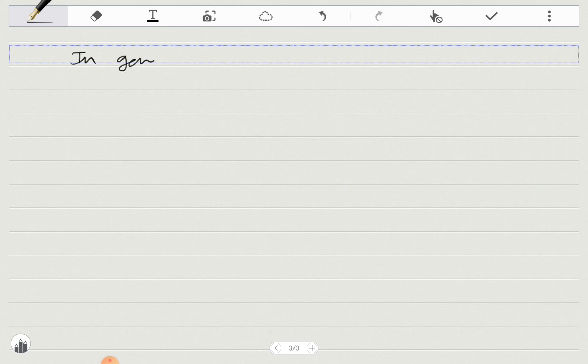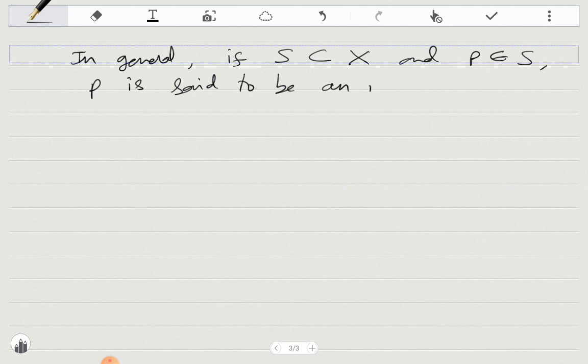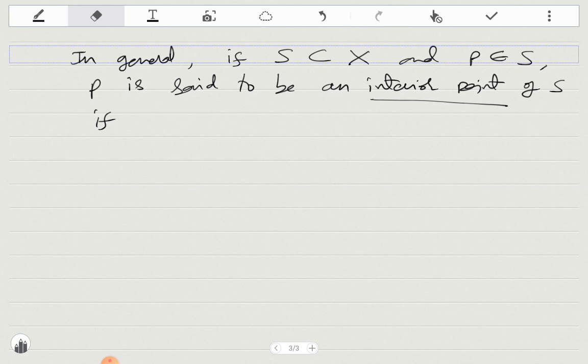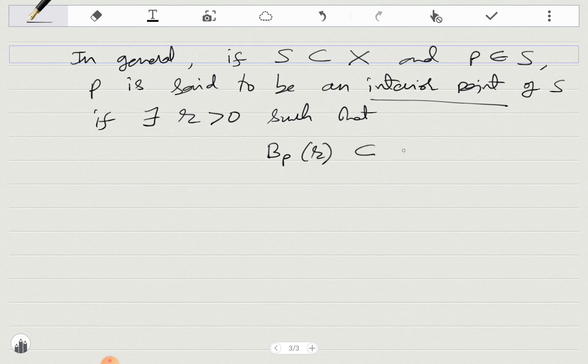In general, if S is a subset of X and P is a point in S, P is said to be an interior point of S if there exists r greater than 0 such that B(P, r) is contained in S. So even if a set is not open, it might still contain some points which have this property.